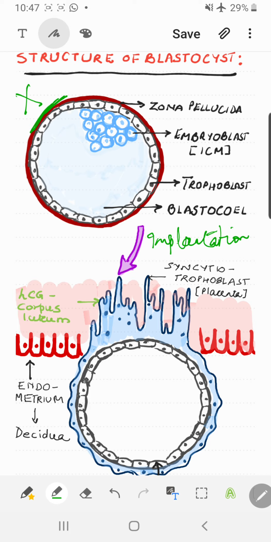So that means the first thing to be done here is the removal of zona pellucida, and this removal is done by the proteolytic enzymes which are secreted by the trophoblastic cells located just beneath zona pellucida, right?